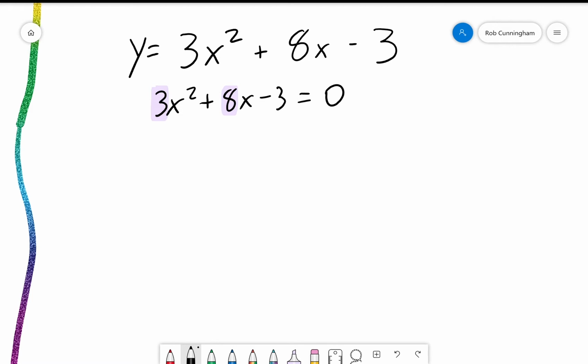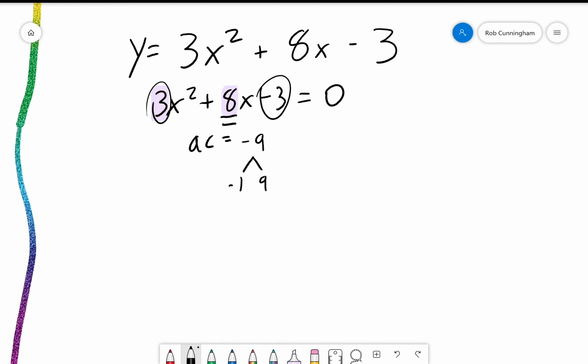We start by multiplying a times c, which is 3 times -3, which is -9. Same deal. We need two numbers that multiply to make -9 and add up to make +8. Well, 9 is 9 times 1.